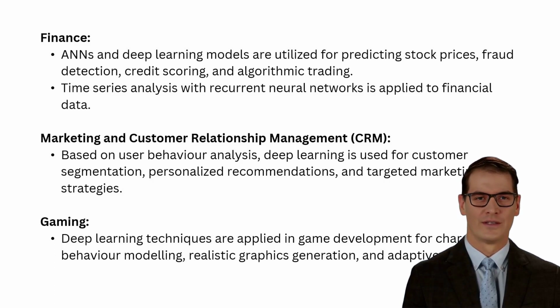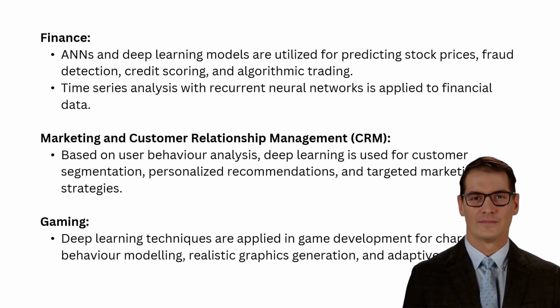Artificial neural networks, ANNs, have revolutionized data processing, allowing us to make informed decisions more quickly than ever before. They are utilized deeply in the financial, marketing, and gaming sectors. Within finance, ANNs are employed to anticipate stock prices, uncover fraud, and for algorithmic trading.